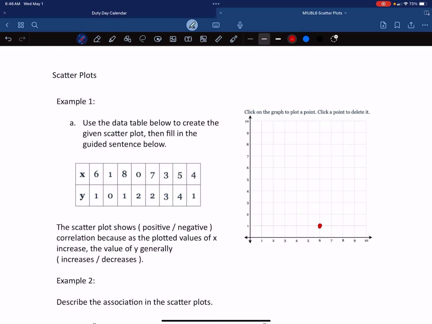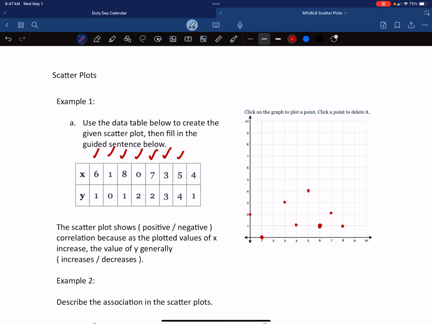We did this one, so now we need to do 1, 0. Then we're going to do 8, 1, 0, 2, 7, 2, 3, 3, 5, 4, and 4, 1.